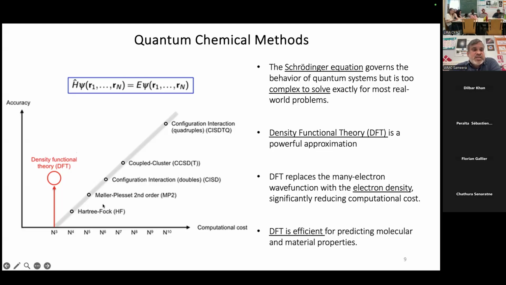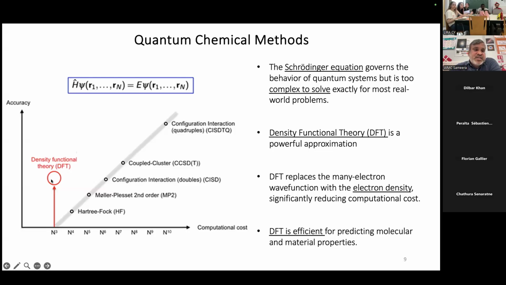We will also try some other methods shown here: the Hartree-Fock method, MP2 methods, and coupled cluster theory. These methods are computationally difficult if your molecular system is relatively large. In density functional theory, you can see n to the power 3, where n is the number of atoms in the molecular system.